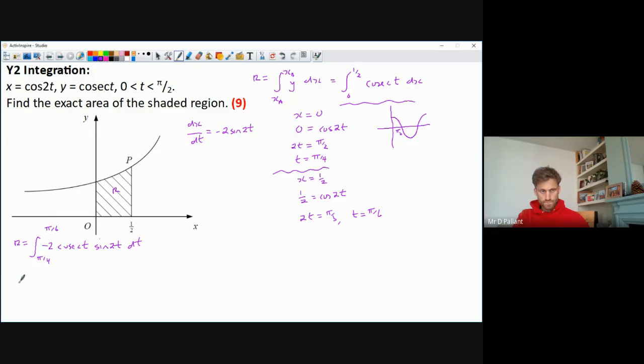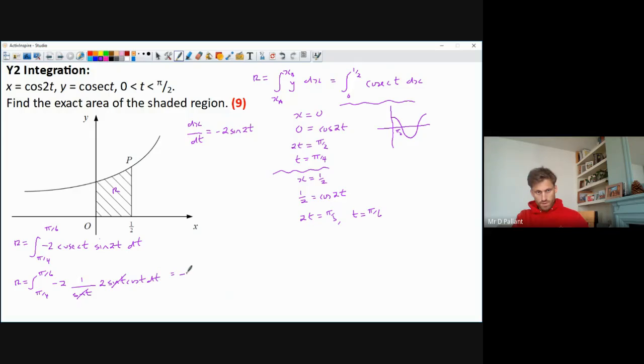Okay, so I'm thinking, can we simplify that? It's minus 2, and it's 1 over sine t. And this is, of course, 2 sine t cos t, double angle. Which means that the dt, of course, cancels with that.